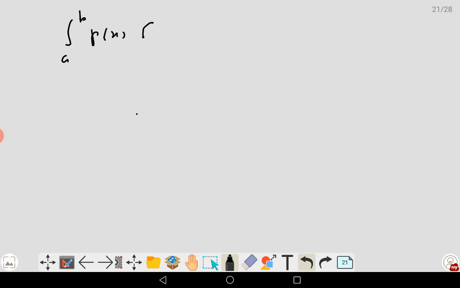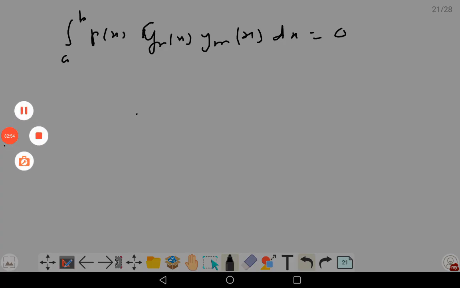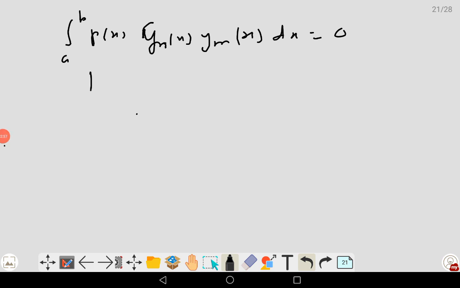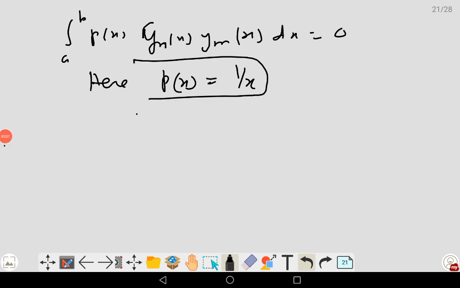Now verification of orthogonality. Integral a to b of p of x yn of x ym of x dx should be 0. And here what is the p value? Here p of x you can check in the self adjoint form.